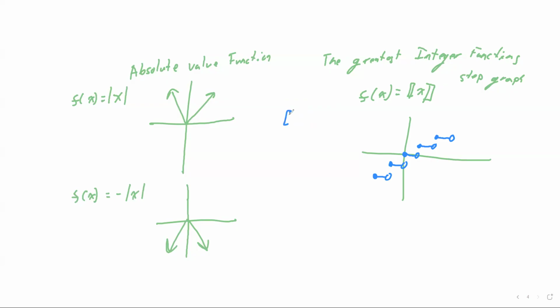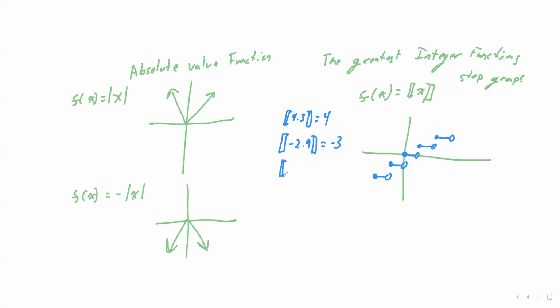If I ask you what the value of 4.3 is, the result would just be 4 because that's the largest integer that's less than or equal to this value. Same concept if I go with negative 2.9. The answer would be negative 3. Can't go to negative 2 because negative 2 would be larger than this value. It has to be the largest integer that is less than or equal to this value.